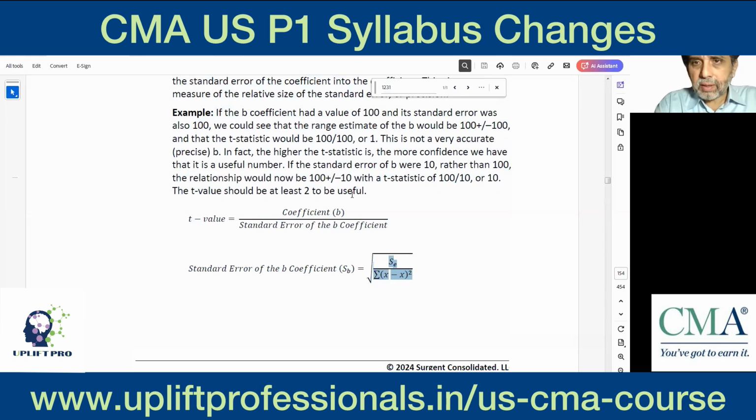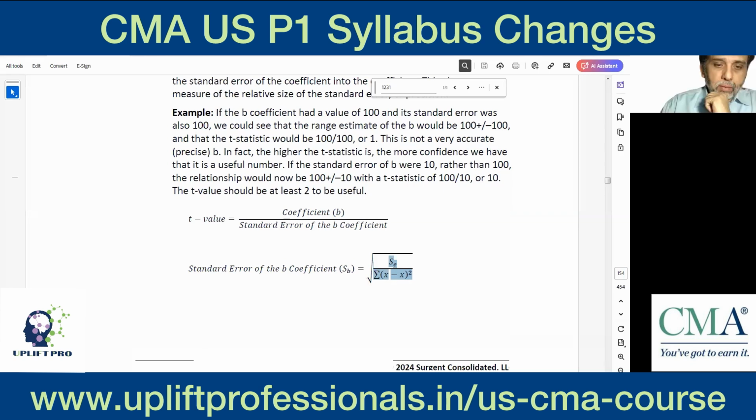So those kind of things you should understand clearly. Instead of memorizing formulas, that is the good part about CMA. You are not going into what you call in Hindi gada majduri, not working out, memorizing formulas, but more on the understanding and taking decisions based on what the regression gives you.